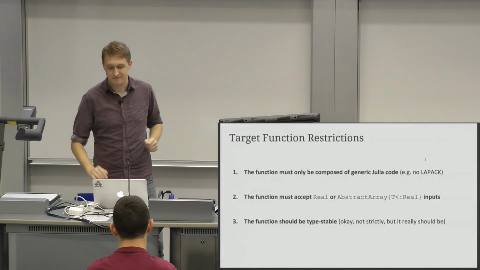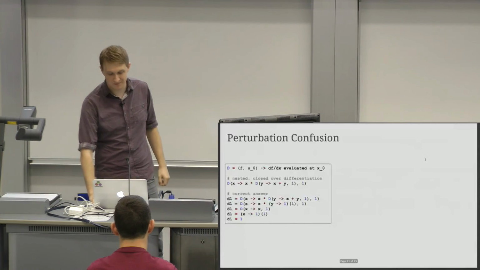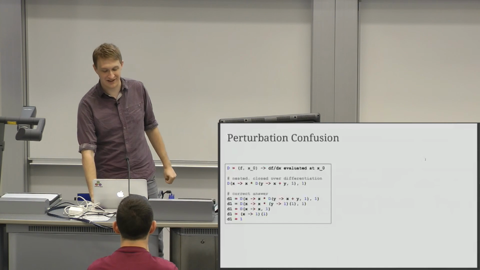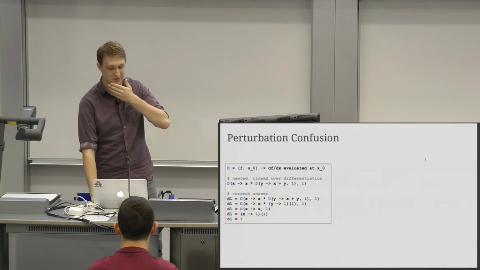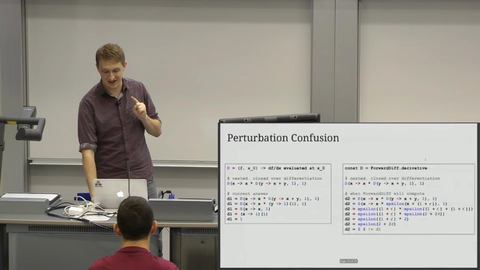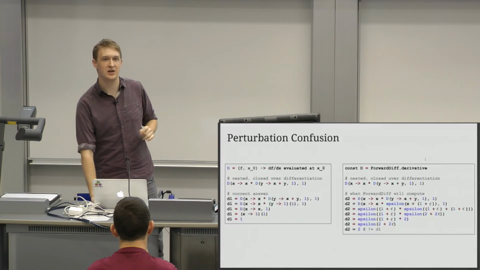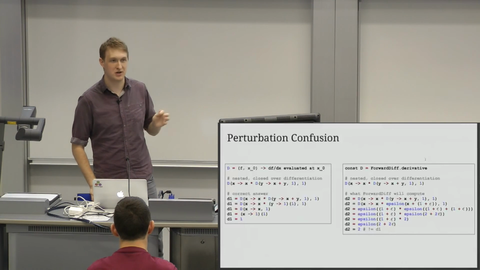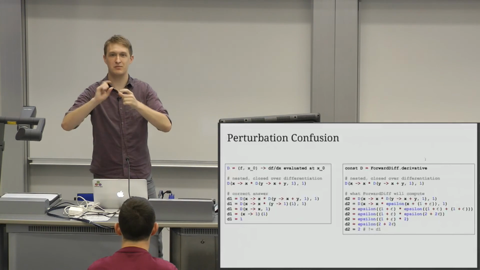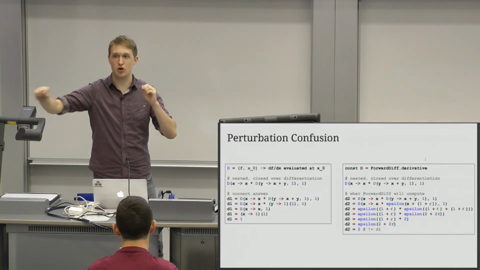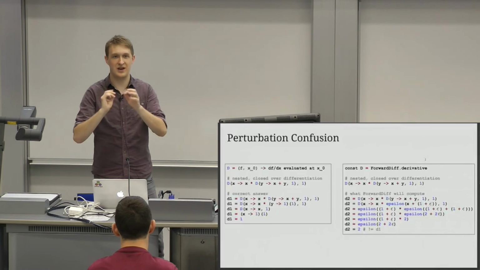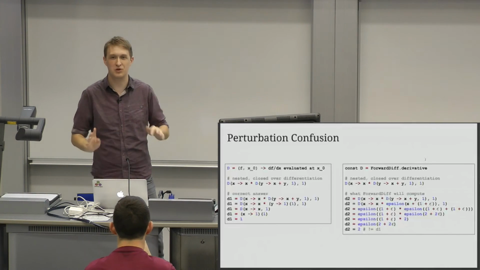I really want to talk about this, but I don't think I'm going to have time to explain it. Basically, the gist of the story is there's a really subtle bug in a lot of AD implementations called perturbation confusion, where these epsilon components get injected into scopes where they're not supposed to be, and then they interact erroneously and give you the wrong answer.